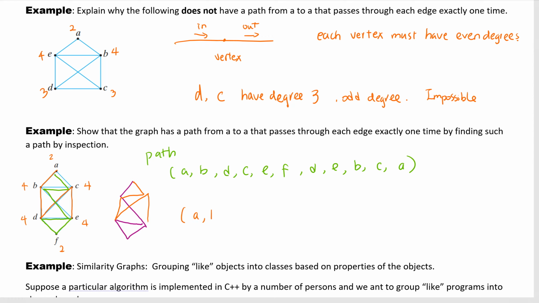So this is A, B, E, F, D, E, C, D, B, C, A. So this is another path. You can see there could be quite a few different paths that pass through each edge exactly once. So the answer is not unique.